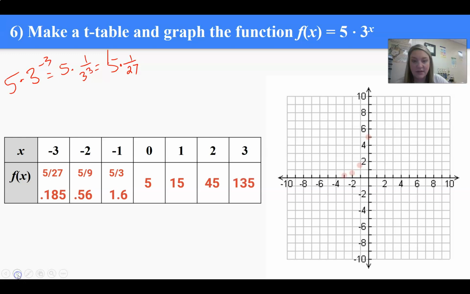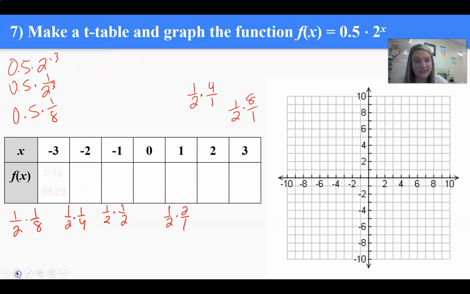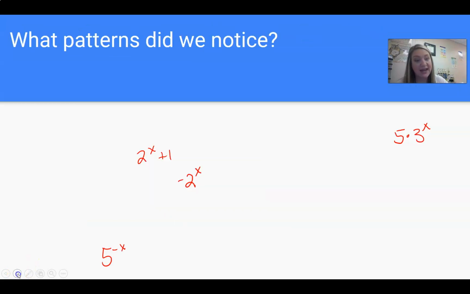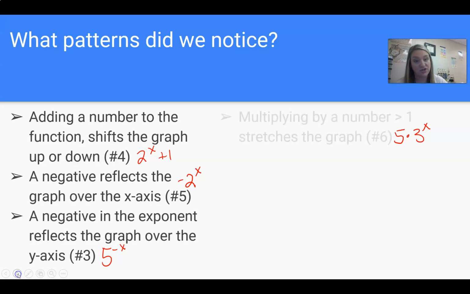On this one, notice our y-intercept. Right here, it is 5. That became what we multiplied it by. Because our y-intercept in the beginning will always be 1, because that's showing an exponent of 0. So the parent function has a y-intercept of 1 every time. But if we multiply it by something, that's my new y-intercept. So graph number 6 shows us the stretch and how my y-intercept is going to change.